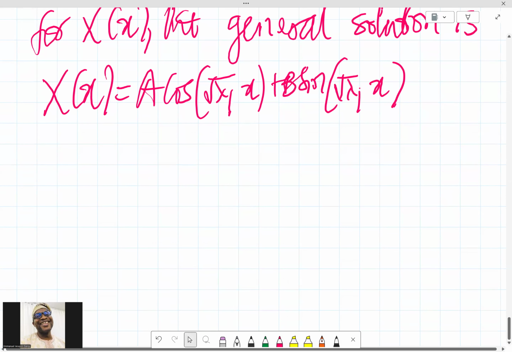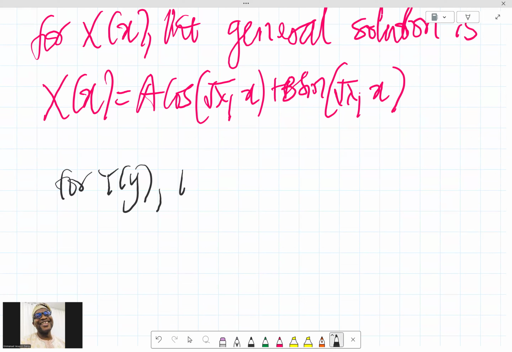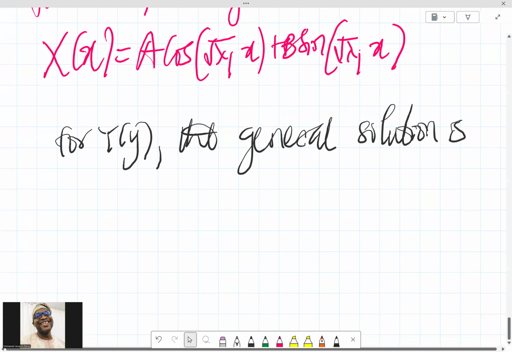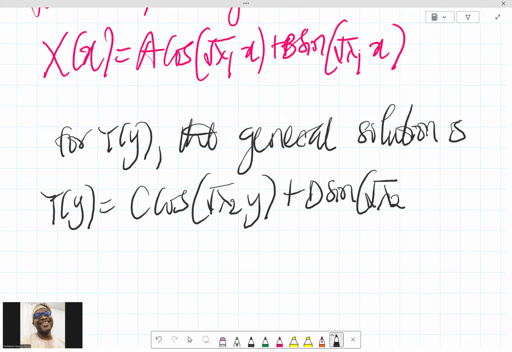So that's for X of x. Now, for Y of y, the general solution is Y of y equals c cos square root of lambda 2 y plus d sine square root of lambda 2 y.